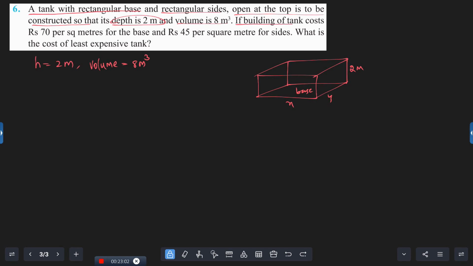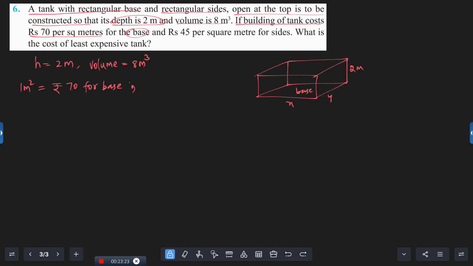Okay, if the building of the tank costs 70 rupees per meter square for constructing the base alone, 1 meter square is equal to rupees 70 for a base.